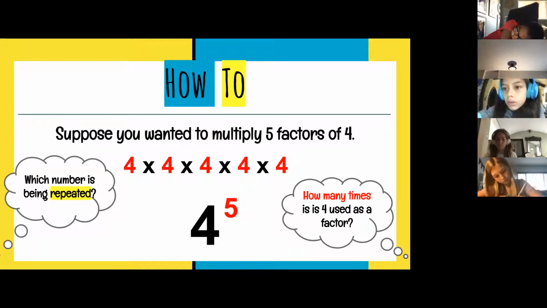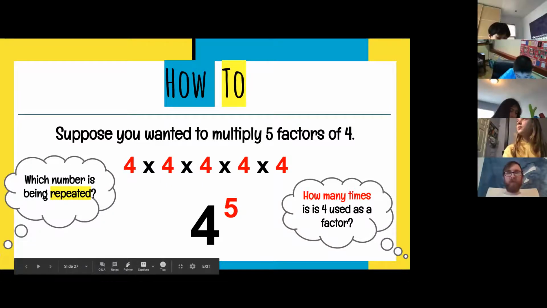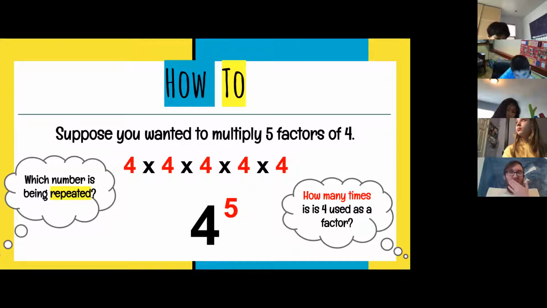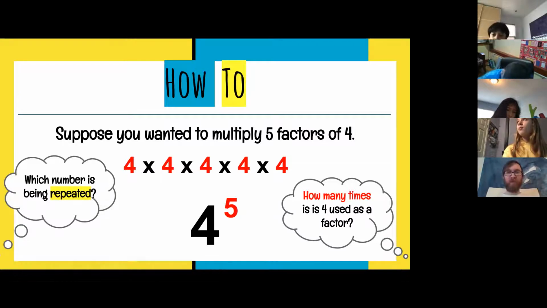And then times another 4 would be 64. Oh, wow. So just 4 times 4 times 4 is 64. That doesn't really work for 4 times 5, does it? Because 4 times 5 is 20. So we only did 4 as a factor 3 times, and we already have 64.